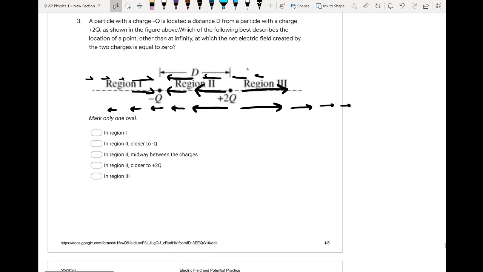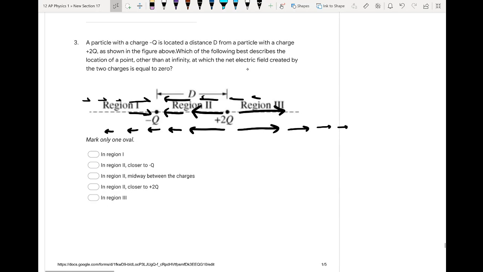Okay, so if we're looking at these, which region could we have this cancellation? In this middle region, everything's pointing the same direction. Everything's going to the left. So this one seems like a no-no. Region 2, I don't believe so. Region 3, we have a very strong electric field from this 2q charge because it's right next to it.